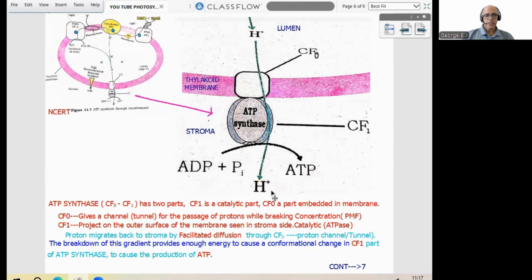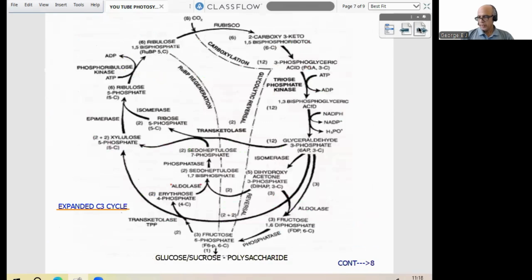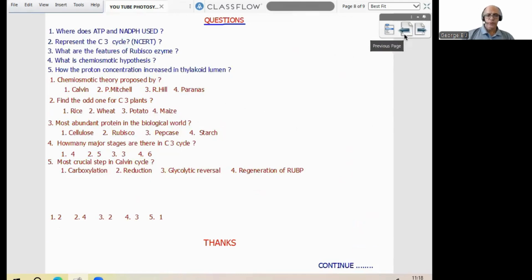CF0 gives a channel, CF1 acts as ATPase or catalytic function, facilitated diffusion, protons migrate back, and produce ATP. After that, a big representation. Then five theory questions and five NEET model questions with the key.